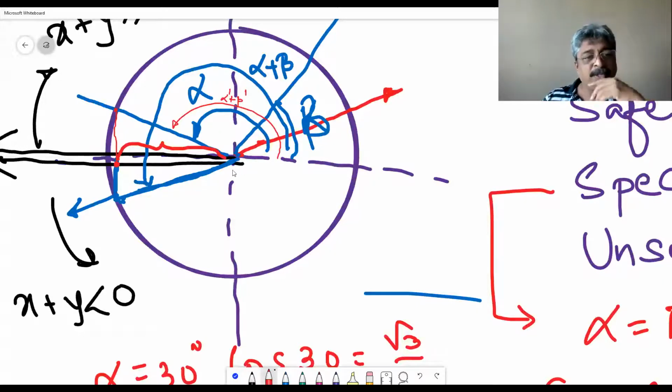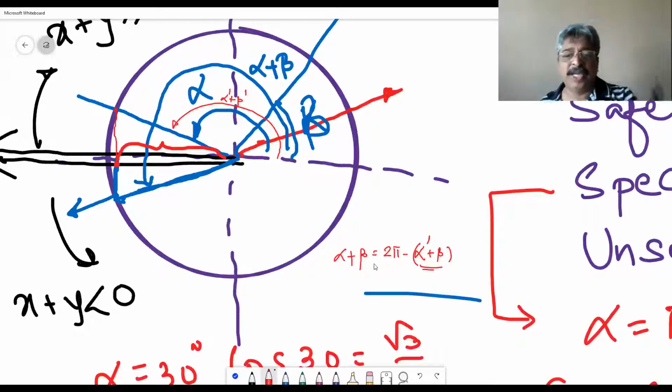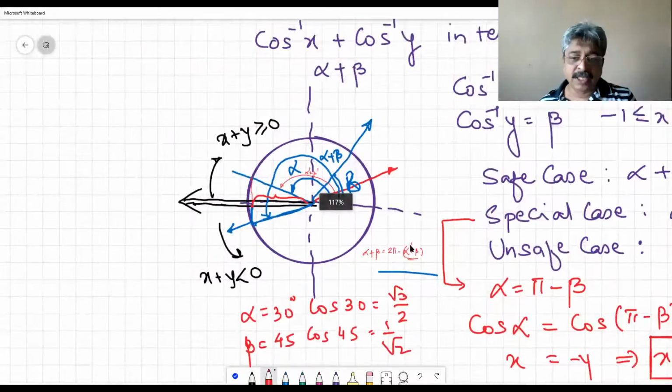Therefore, you need to do correction: you want alpha plus beta, you got alpha dash plus beta dash. Therefore, alpha plus beta is equal to 2 pi minus alpha dash plus beta dash, and this is our main function. And that explains the third answer.